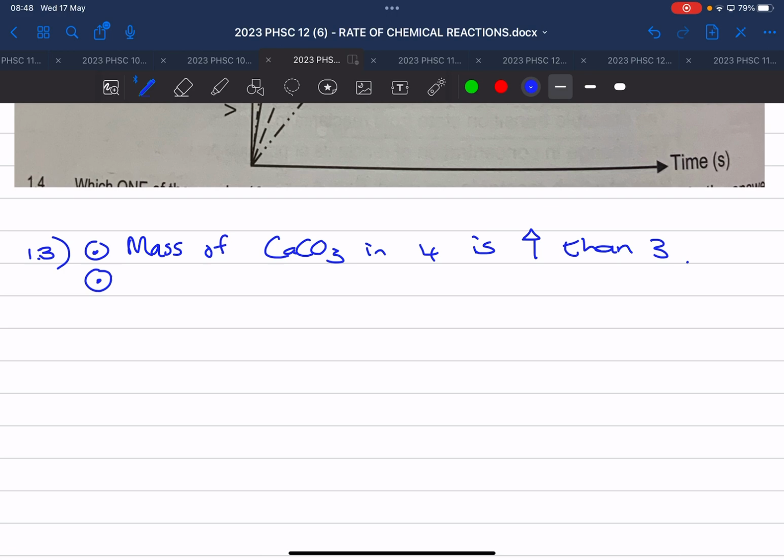What effect will that have? It means there's more particles to collide. Thus, reaction 4 will have more particles that can collide.